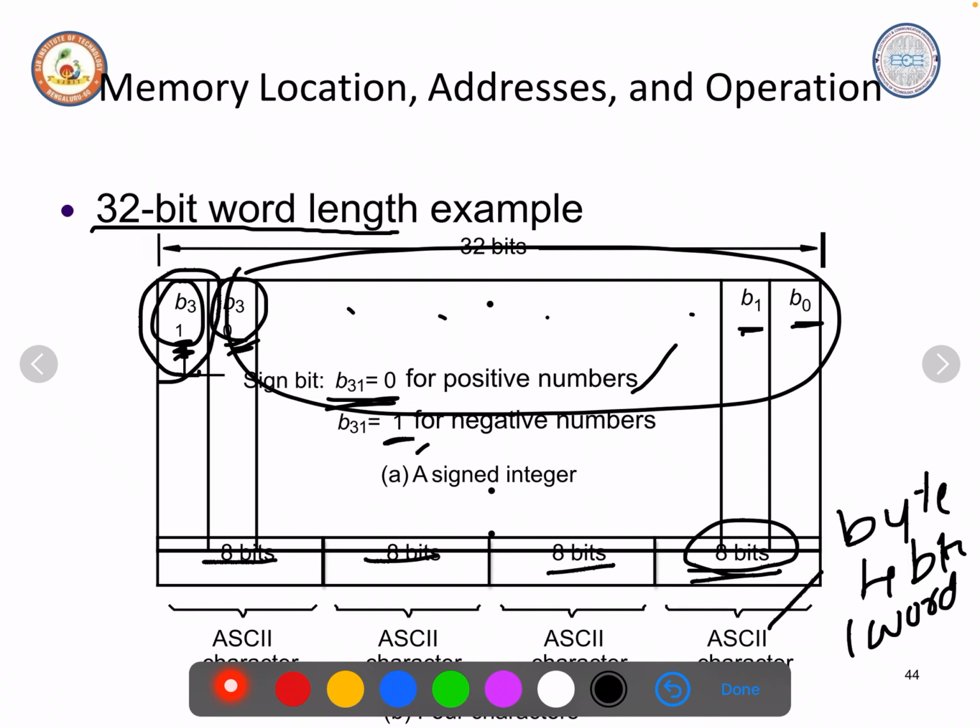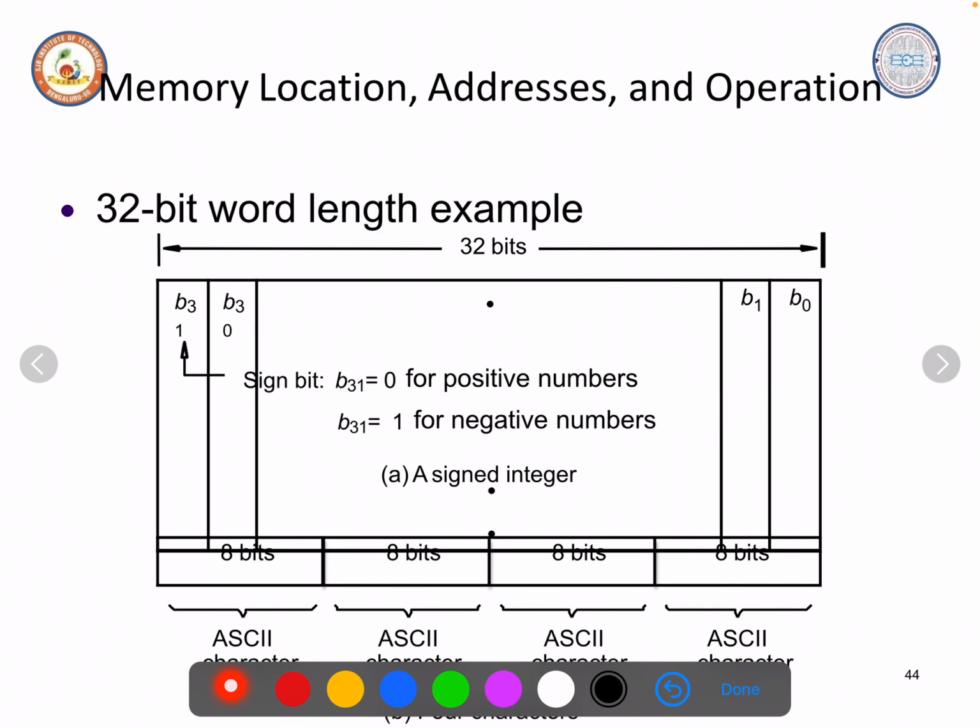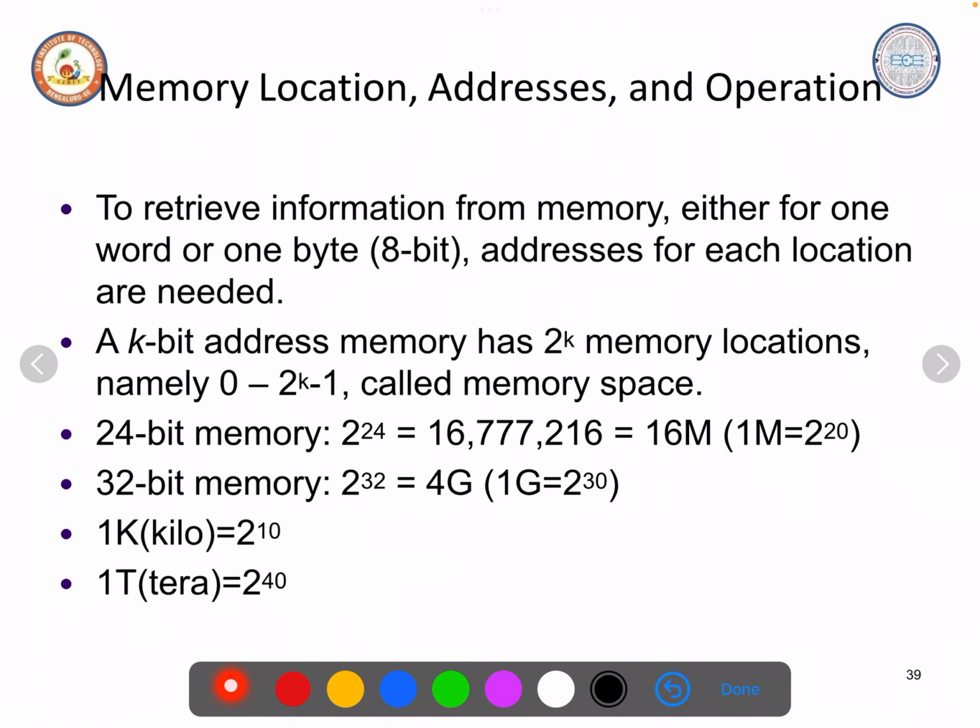If the last bit is 1, the number is negative. So this is meant for sign in case of signed arithmetic, and the remaining portion represents the magnitude.